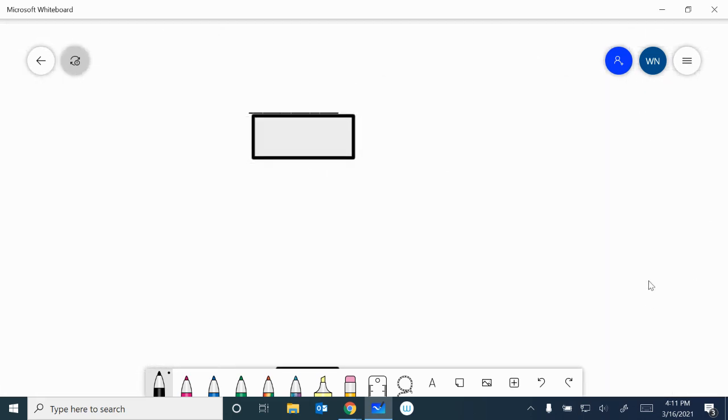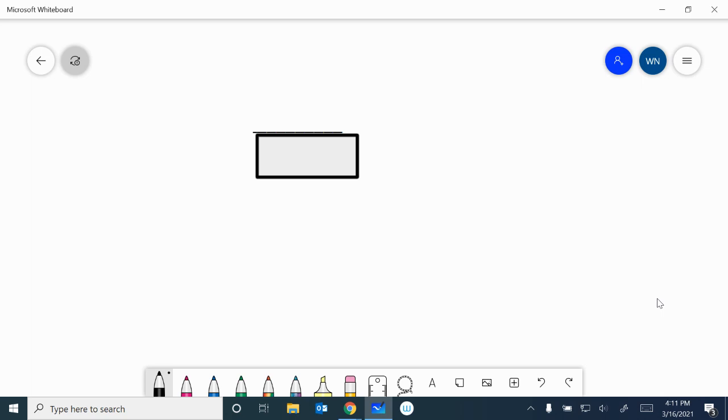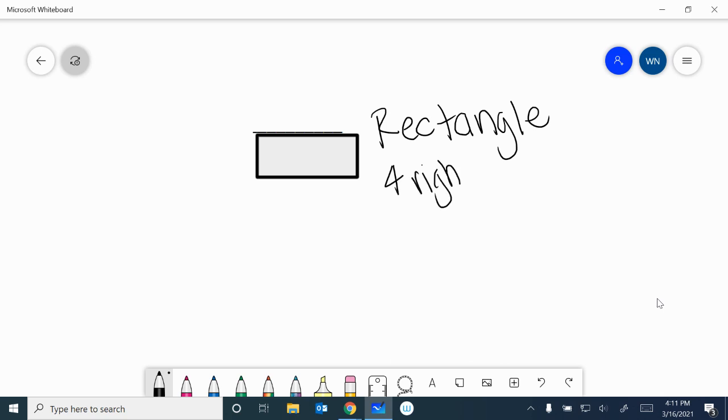Your next shape looks like this, and you should know that this is a rectangle. Just a plain old rectangle. Now, a rectangle is a special parallelogram where it's got the same things as a parallelogram, opposite sides that are parallel and congruent, but it also has four right angles.